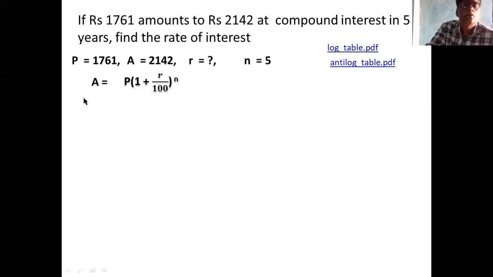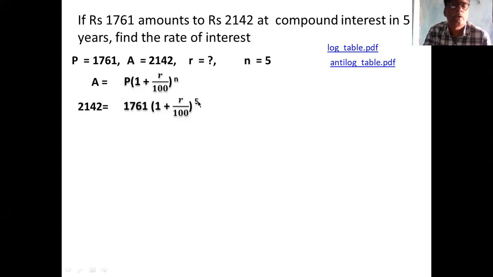A is 2,142. A value is 2,142. Then P value is 1761. And consider the bracket as one term and raised to N. N value is 5. Then you take this 1761 to left hand side.